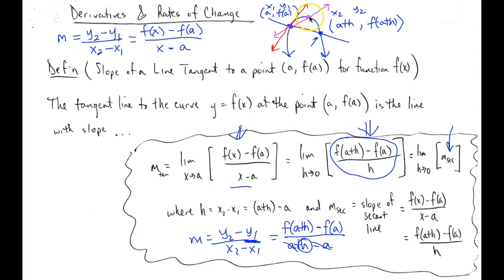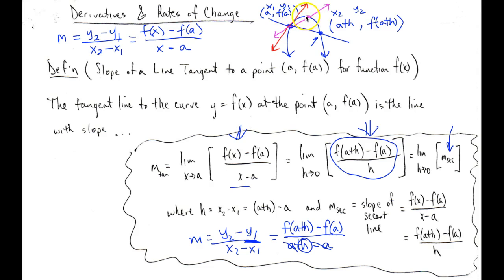So the slope of the secant line made by this point and that point turns from being negative, like we had it here, to now being positive. But it still is not as positive as it needs to be to be a tangent line.